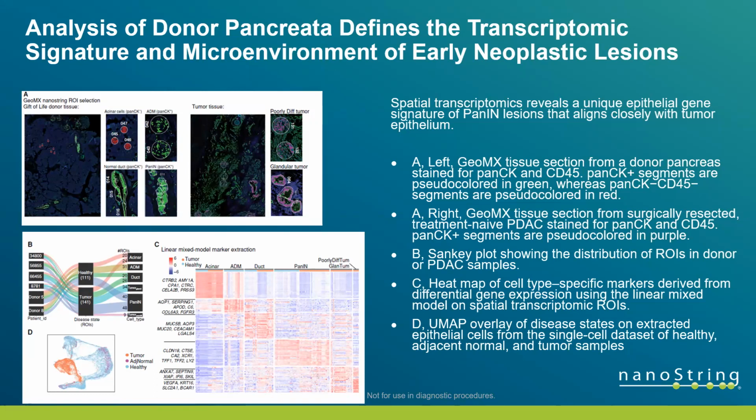So you'll notice the overarching approach here is generating this UMAP plot, which is essentially an overlay across the extracted epithelial cells from these single cell data sets across normal and tumor samples as well. So really nice use case study highlighted there through the AGC.